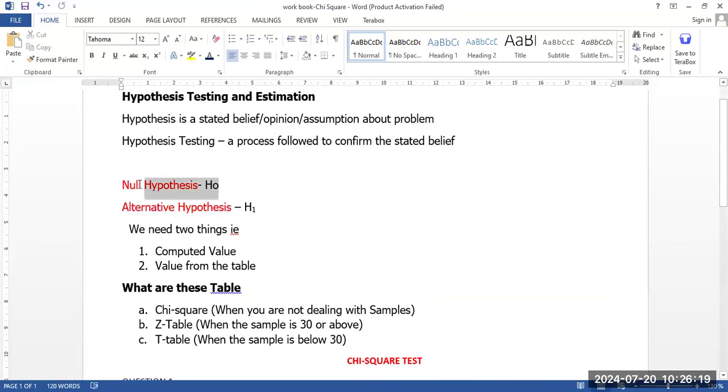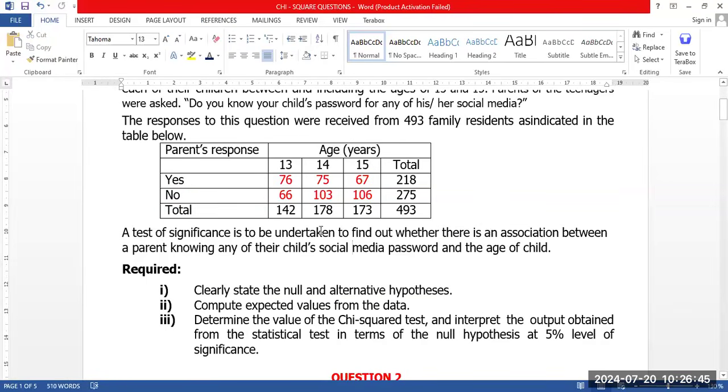Whereby the null hypothesis is that assumption, that belief or opinion stated in the question. What the researcher has stated is the null hypothesis. Then the opposite of what is already stated is your alternative hypothesis. Like when you go back to the question, this is what is stated.